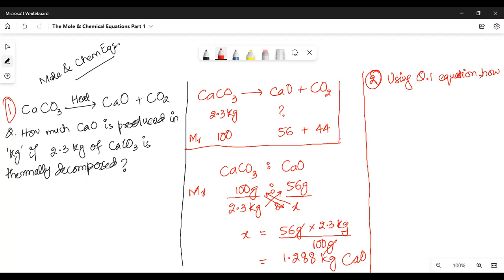Okay, using question number one equation, how much CO2 is produced, in, I made a mistake actually, in grams if 25 grams of CaCO3 is decomposed.